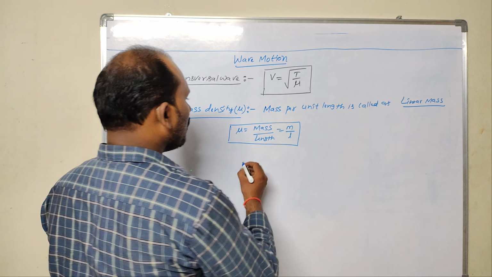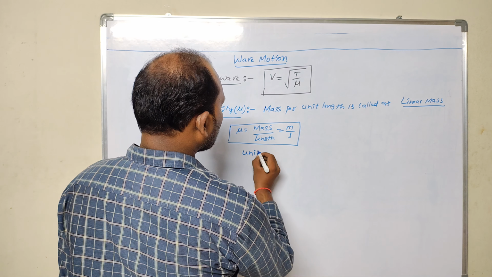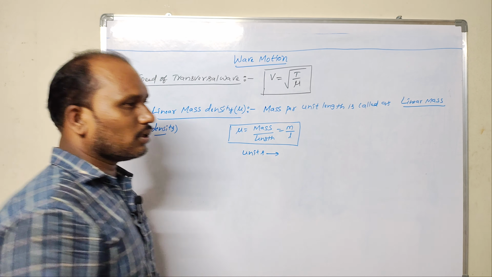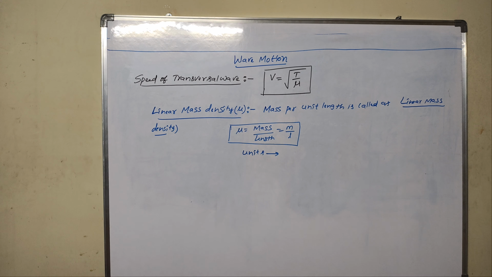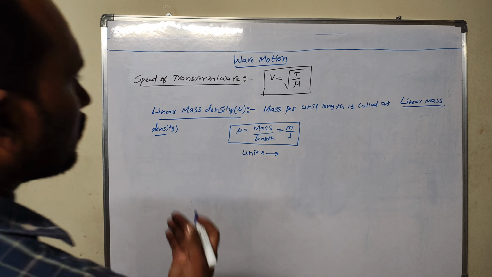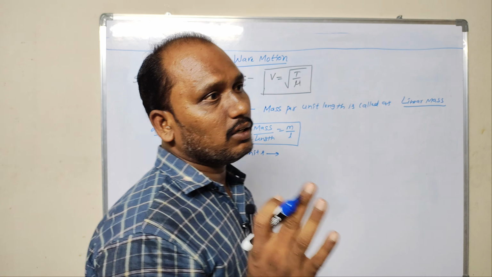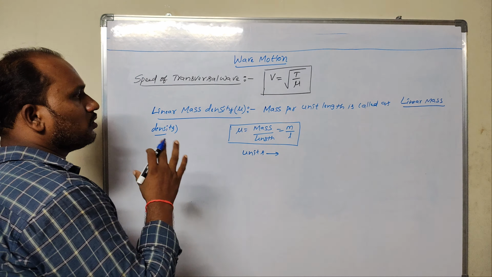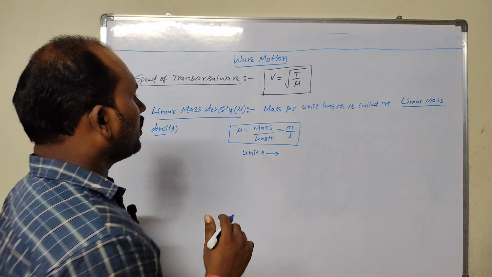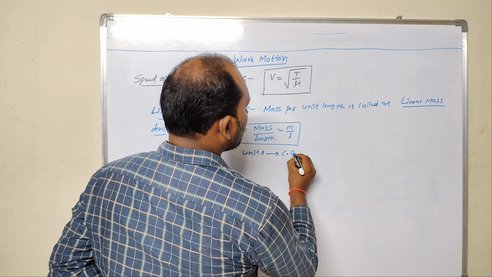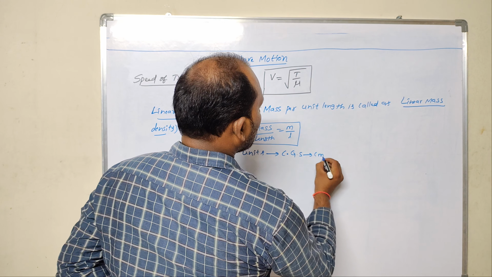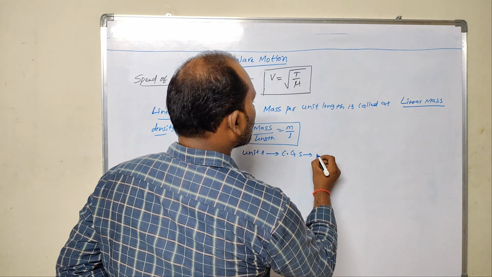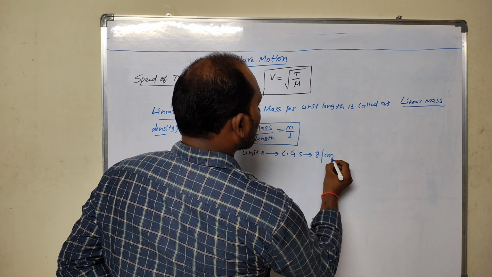And also find out the units for this. Always in physics, people are struggling because they don't know the units. That is the main general problem many people are facing. First you learn the definition, then go with the units. In the CGS unit, it is gram per centimeter.